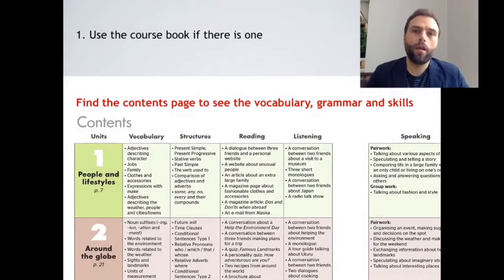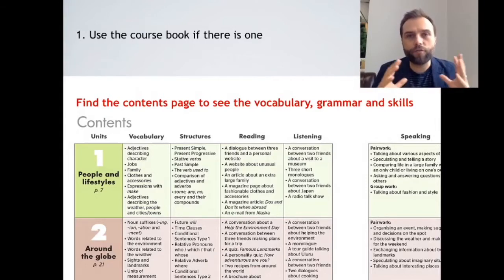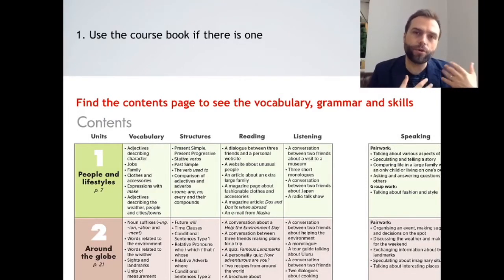First is use the course book if there is one. A course book shouldn't be everything in your class. You shouldn't feel like you're a slave to your course book and you can't do anything except follow it. But the course book does give you a basic anchor or core syllabus that you can follow.